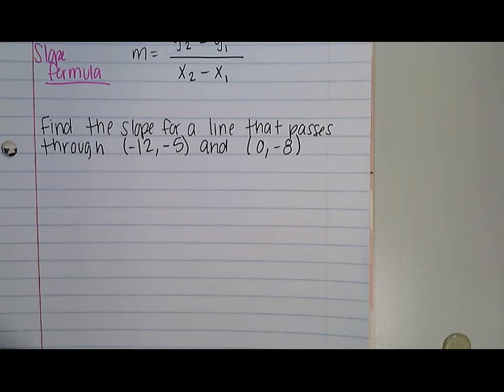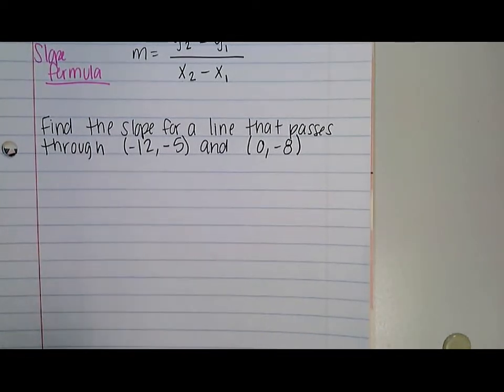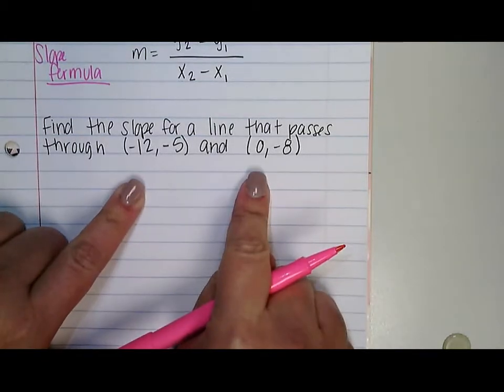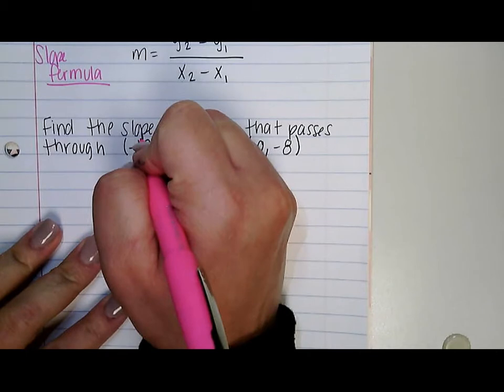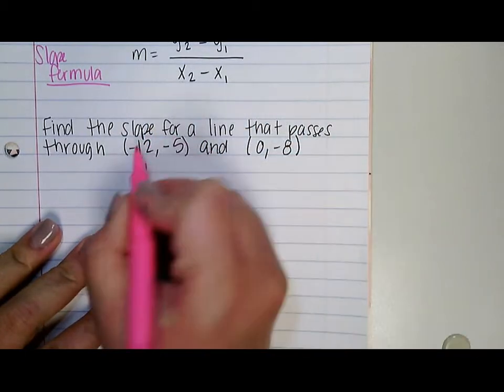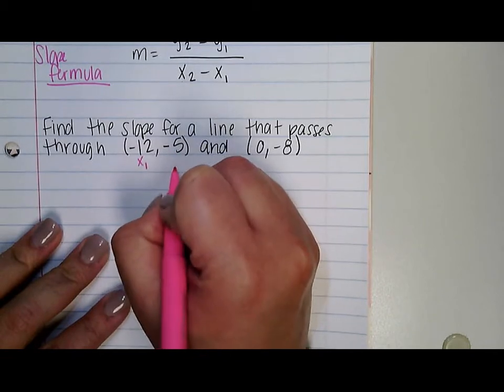Okay, I know it's been a while since we've done slope. It was like last unit. So the first thing we do here is label. This -12 is going to be your x1. This -5 is going to be your y1.